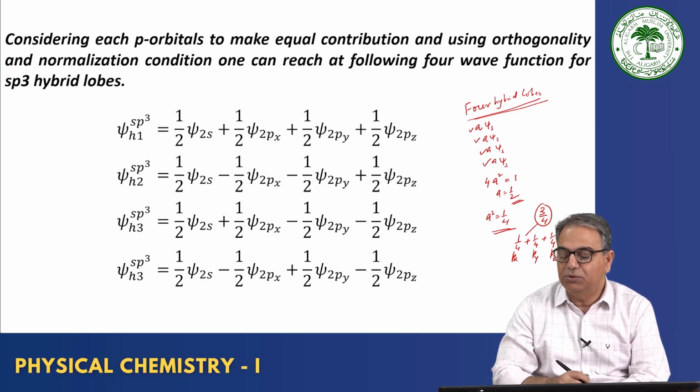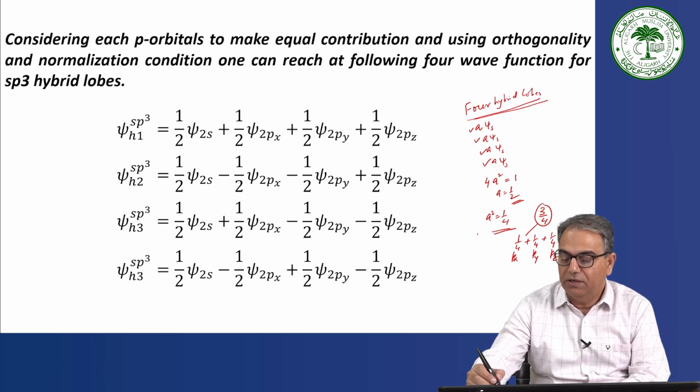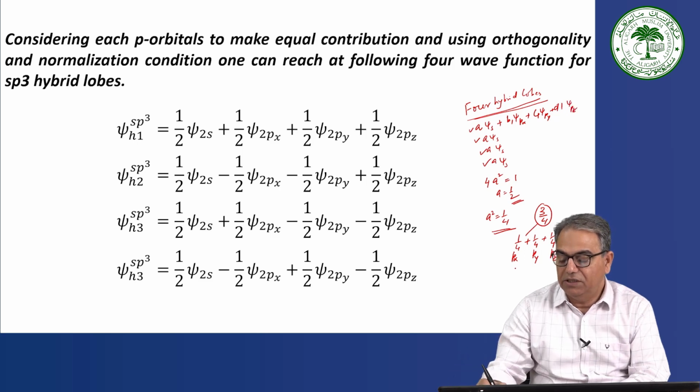And if this is the contribution 1 by 4, it means the coefficients, if you write for psi px as b1 psi px plus c1 psi py plus d1 psi pz, then what does it mean?